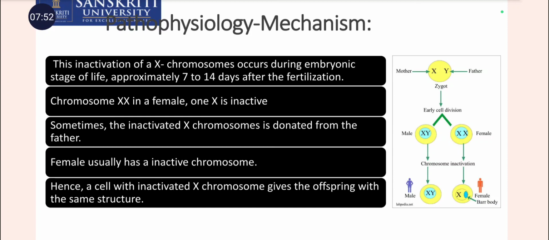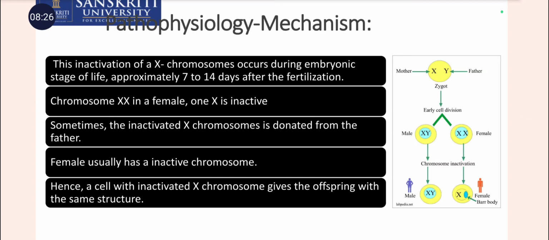Now actually the male is XY and the female is XX. In the male, the cells do not show the Barr body, and in the female who has 2 X, usually one of the chromosomes is inactivated, and we can see that the inactivated chromosome in the female is visible as a dark spot.